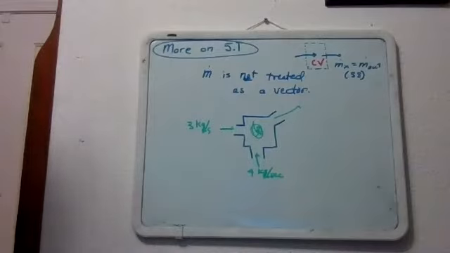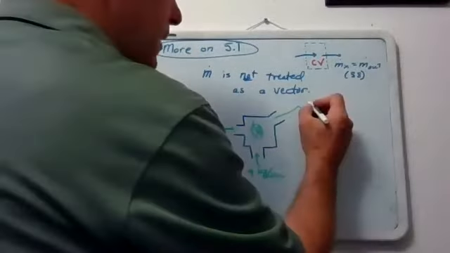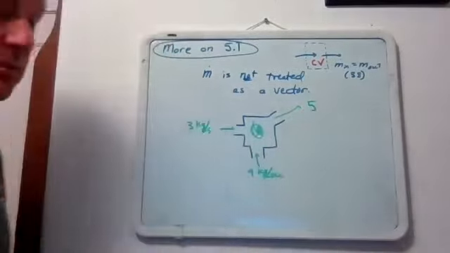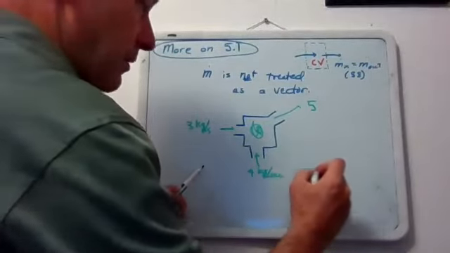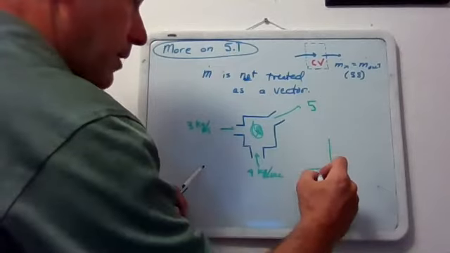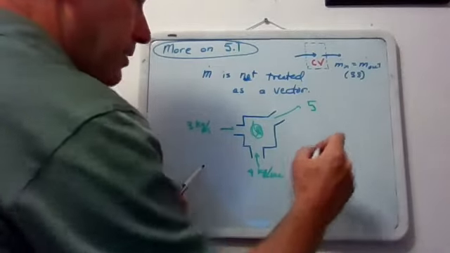I could see in this case a student saying, oh, that's going to be 5, because we have some sort of triangle where we have 3 going this way and 4 going that way, and so the hypotenuse is going to be 5.